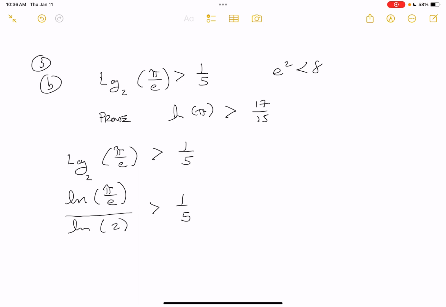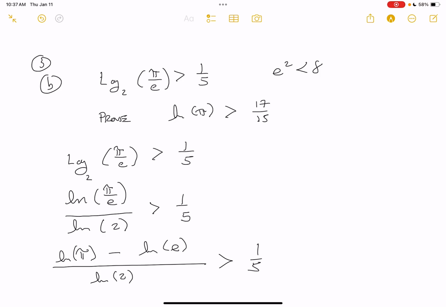All right, write that down. What do you get there? I get something pretty simple on top, don't I? I get the natural log of pi minus the natural log of e, over the natural log of 2.